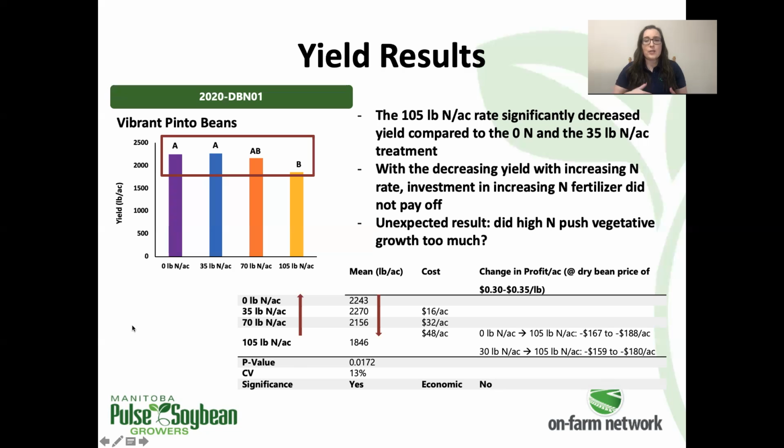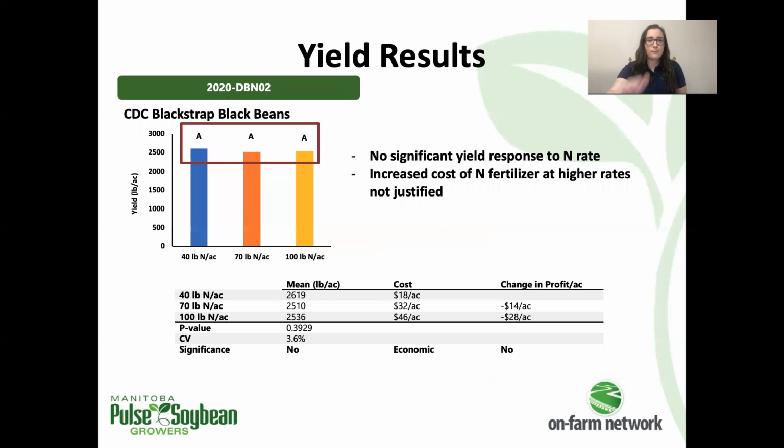So obviously the increased cost of N fertilizer did not pay in this trial. It wasn't economic. This significant reduction in yield wasn't anticipated. Our best theory right now is that the higher N rate just pushed vegetative growth a little too far, and there wasn't enough time left in the growing season to maximize seed fill as a result.